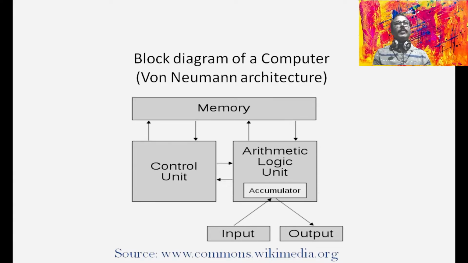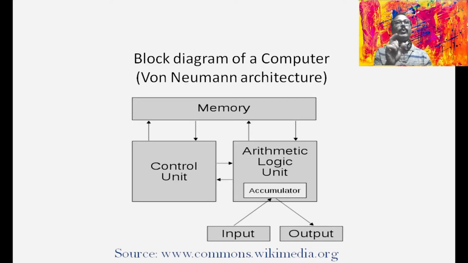Within this arithmetic logic unit, there is one special type of register. Register is also a kind of memory. We'll study these internals of a computer later. But the accumulator, you can assume, is a fast, limited memory present inside the CPU.